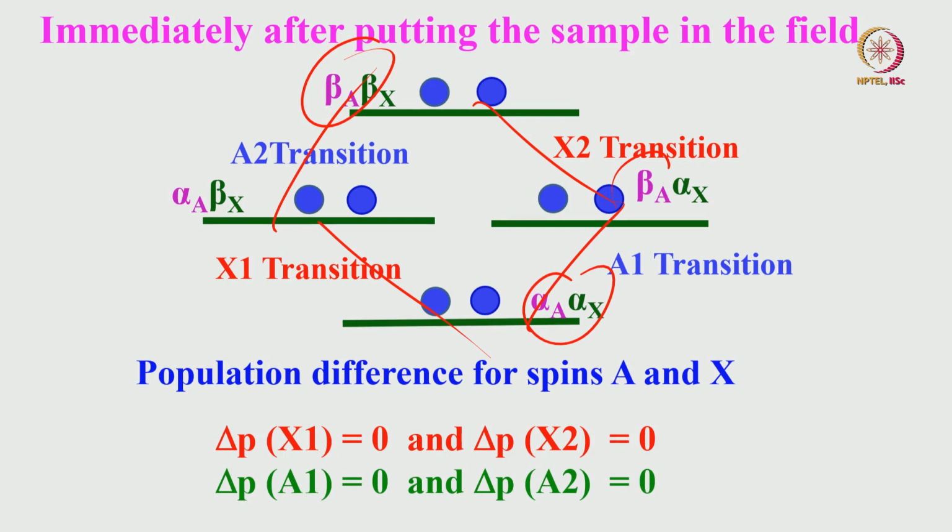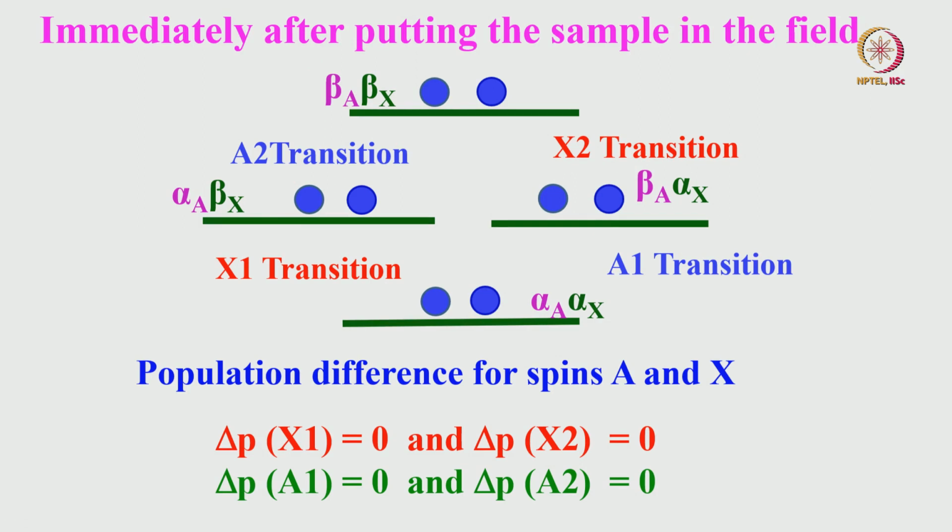To identify the intensity of the peaks, I have written certain populations here, some numbers on the spins. Why did I write those numbers? Because I wanted to ensure that the population difference gives me the intensity.